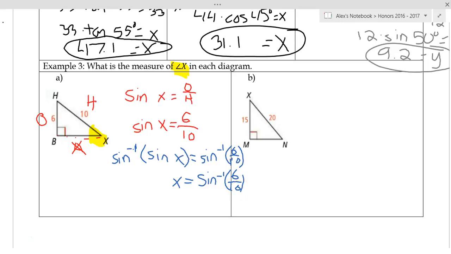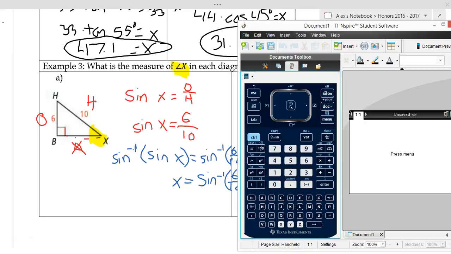Once I get here, I'm typing that into my calculator. In my calculator, still under that trig button, if you look, I have sine, cosine, tangent. Underneath them are the inverses, with a little -1. So the inverse sine of 6 over 10.